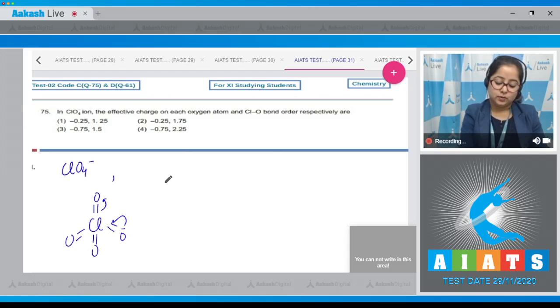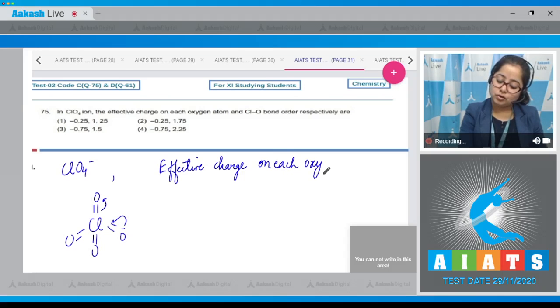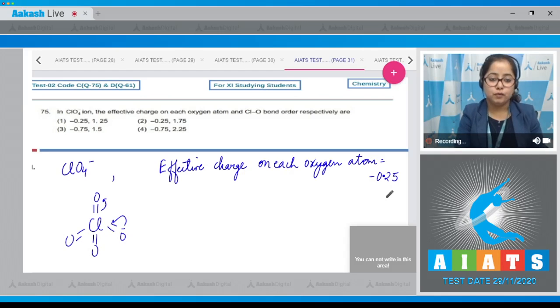As a result, we can say that the effective charge on each oxygen atom is minus 0.25, that is minus 1 divided by 4.